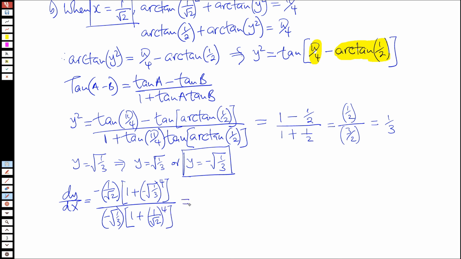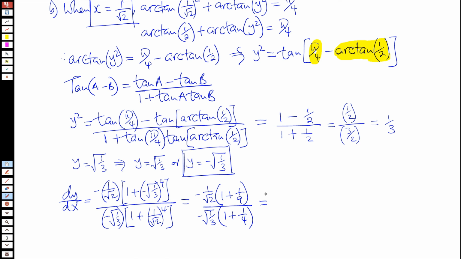So here outside we'll just have negative 1 over root 2, and then inside the bracket we'll have 1 plus a ninth. And then down below here we have negative square root of a third, then we have 1 plus a quarter.